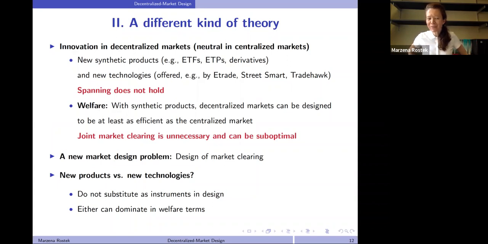To be sure, derivatives can lower welfare. Generally, new products may or may not be conducive to efficiency. Nonetheless, one can show that in markets with any traders and assets, regardless of the primitives, one can always design financial products so that the market with multiple venues, which clear the underlying assets and derivatives independently, as they do in practice, is at least as efficient as the centralized market, which clears the underlying jointly and in which derivatives are redundant.